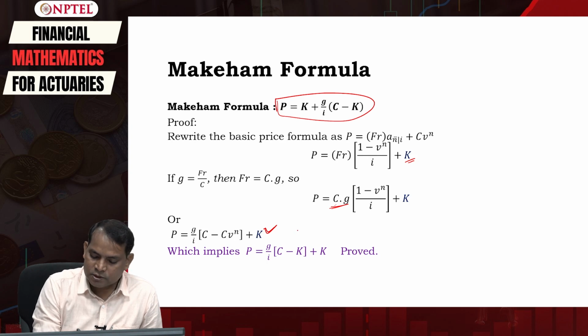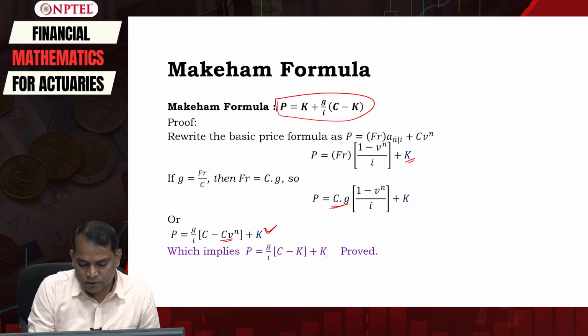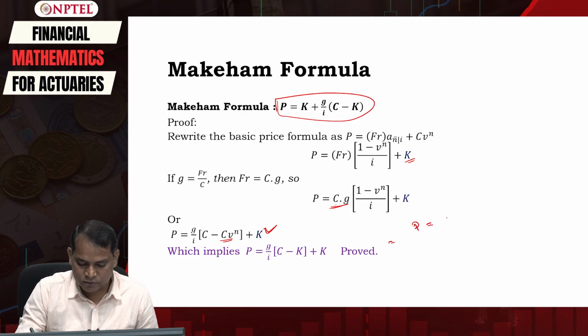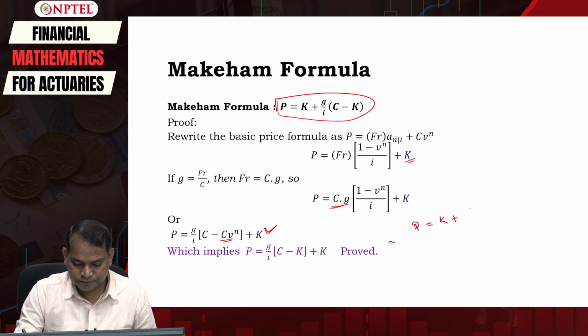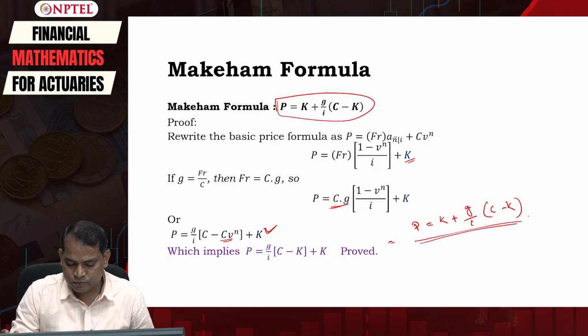So these are the same, this is just simplified, which implies that P is equal to G by I multiplied by C minus K, plus K, because C V to the power n is K. Or we can simply rewrite it as P is equal to K plus G by I times C minus K, which is known as the Makeham formula, and hence proved.